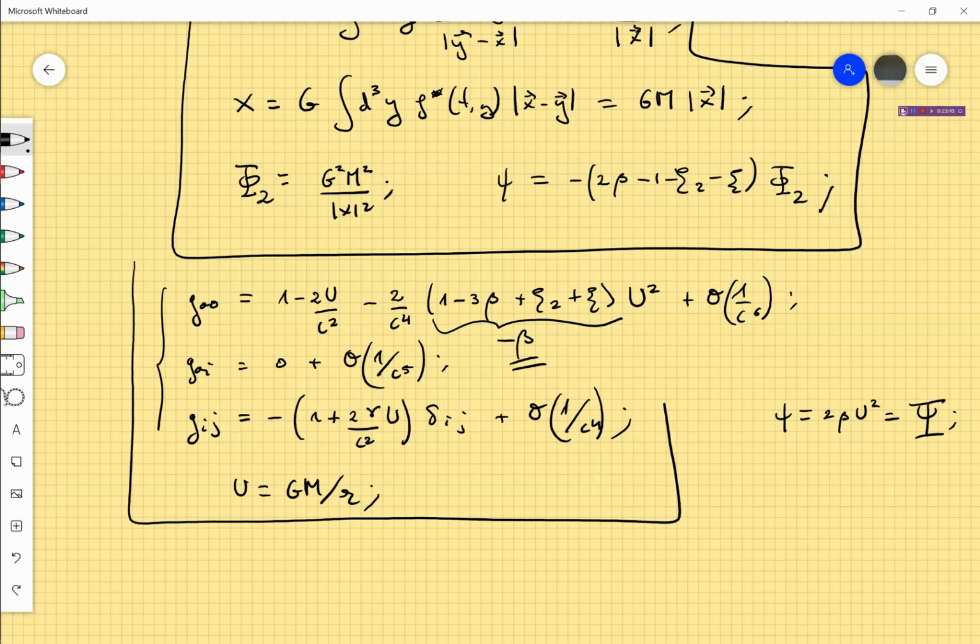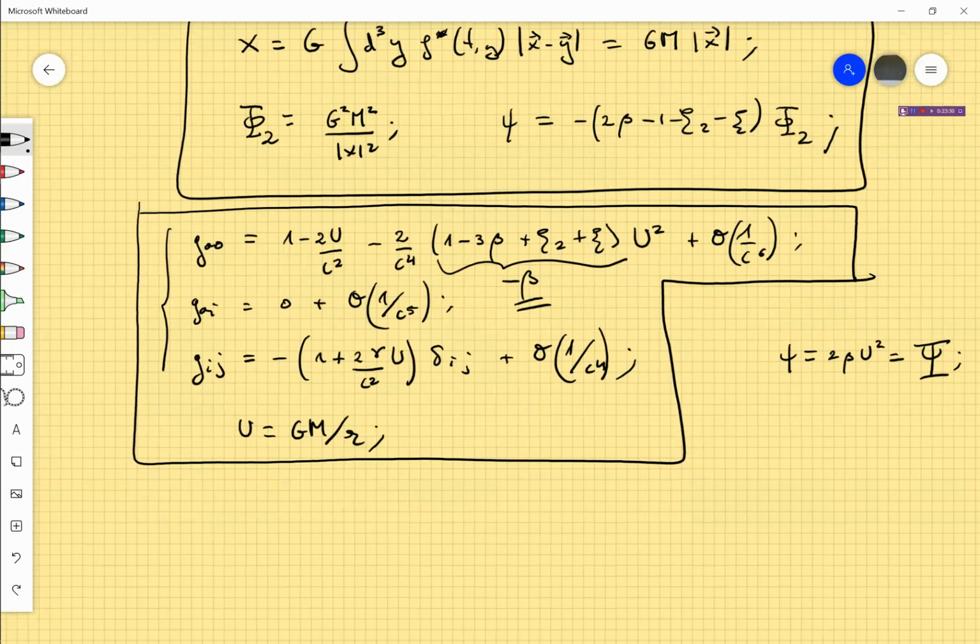Okay, so all these theories give these metrics corresponding to the gravitational field of a massive particle at rest at the origin. And let me remind you that this is just an approximation to the gravitational field of a spherically symmetric object when you are far away from it, so you can ignore the size of this object.